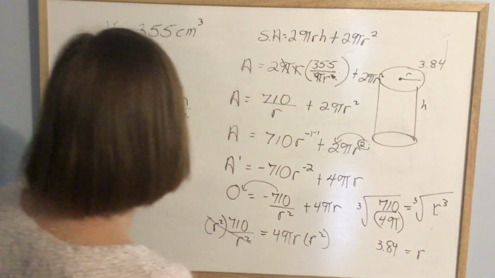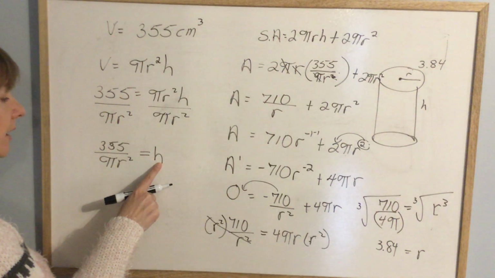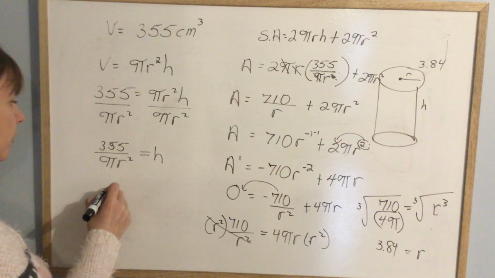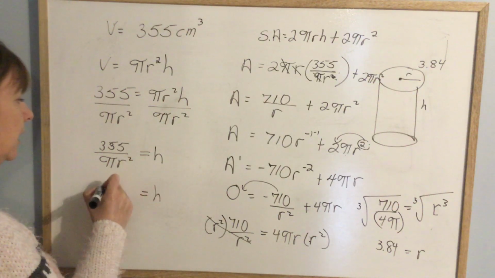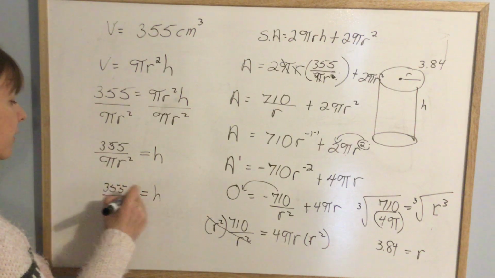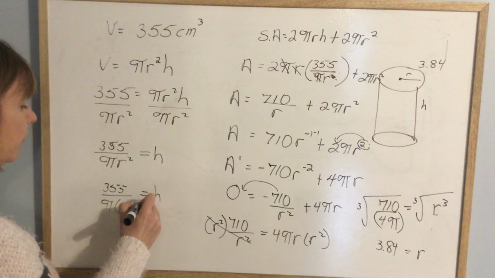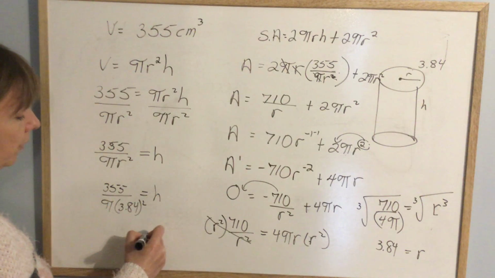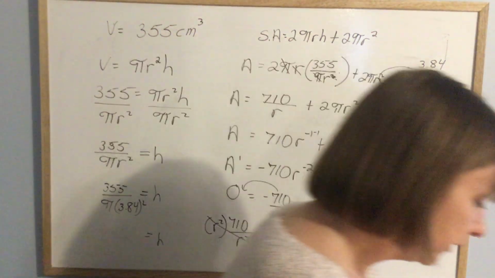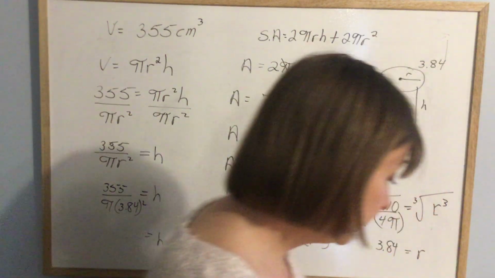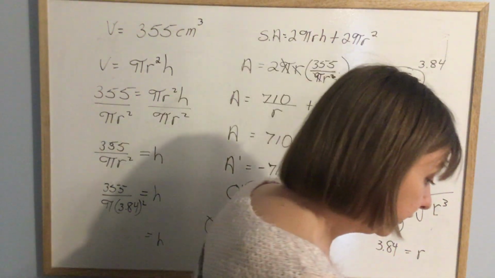3.84. Again, back here, I said that my height is 355 divided by pi times r squared. So to figure out my height, I'm going to do 355 divided by pi times 3.84 squared. Watch your order of operations on that, but it turns out that the height should be 7.66.